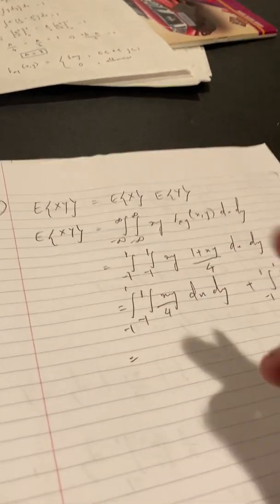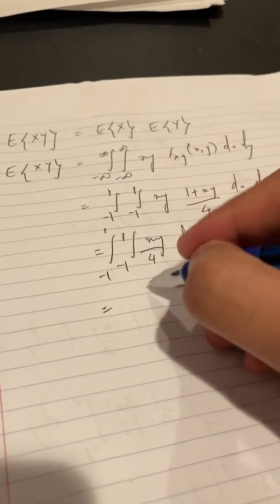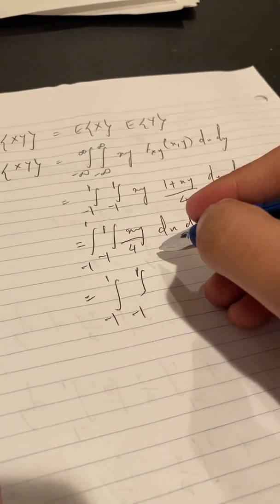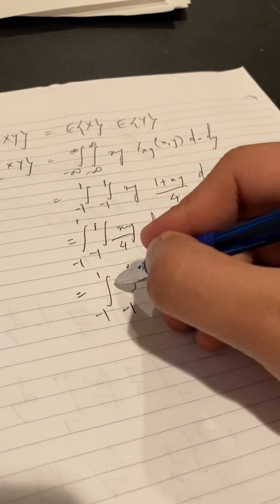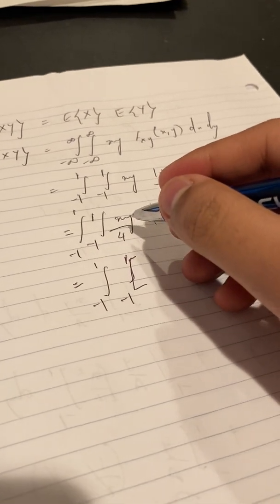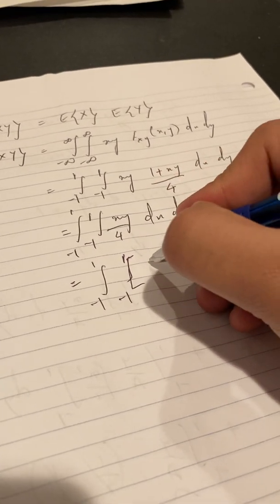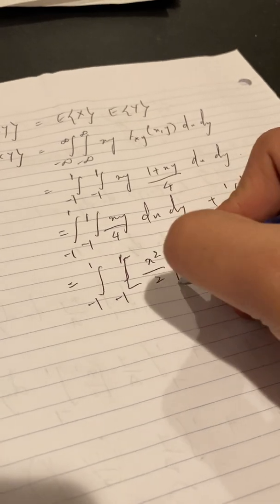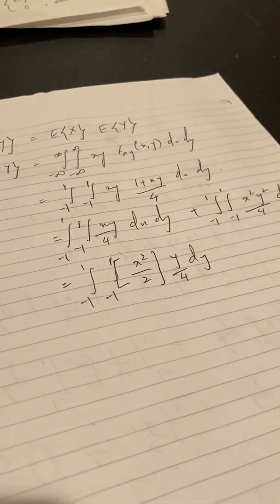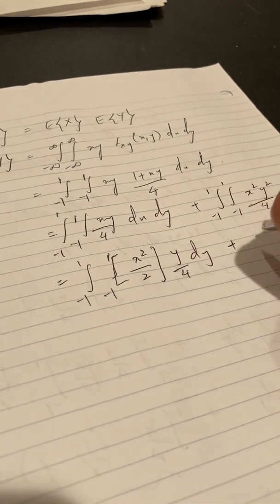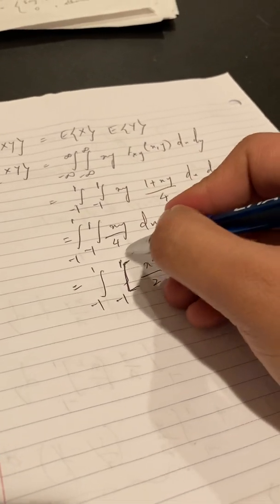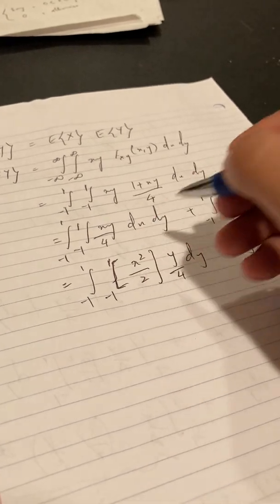So this is equal to the integral from minus 1 to 1, minus 1 to 1. The integral of x is x square by 2, and y is a constant here, so this becomes x square by 2 times y by 4 dy. I substitute the limits minus 1 and 1 in this.